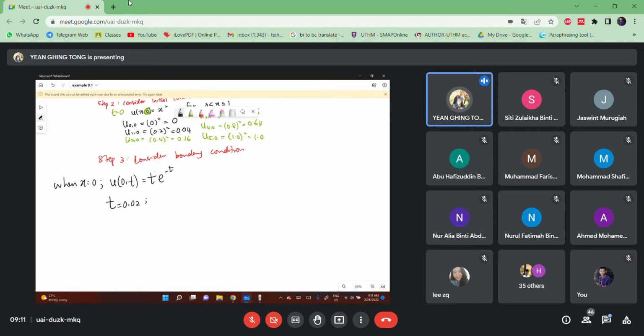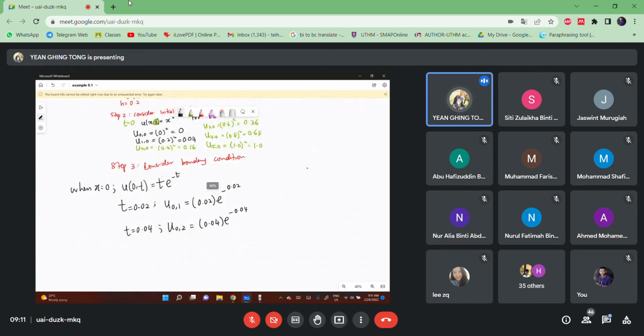That means we'll get u(0, 1), which should be equal to t exponent power of negative t, with t is 0.02. And if let's say t equal to 0.04, that means t2, that means 0.04.